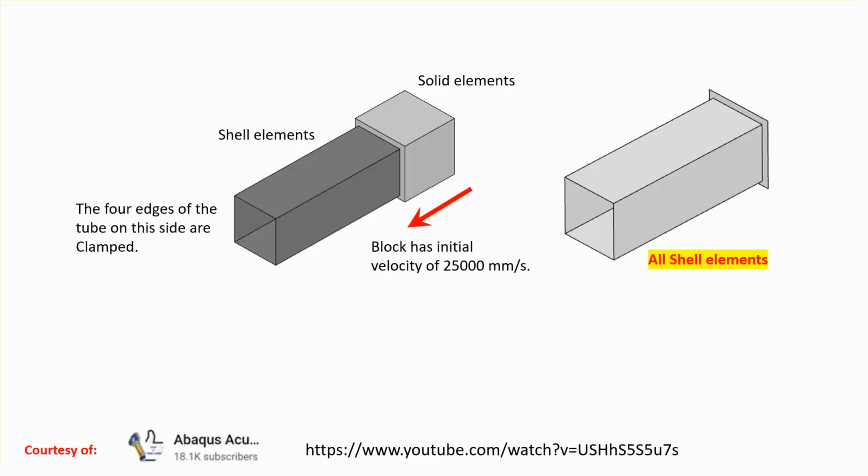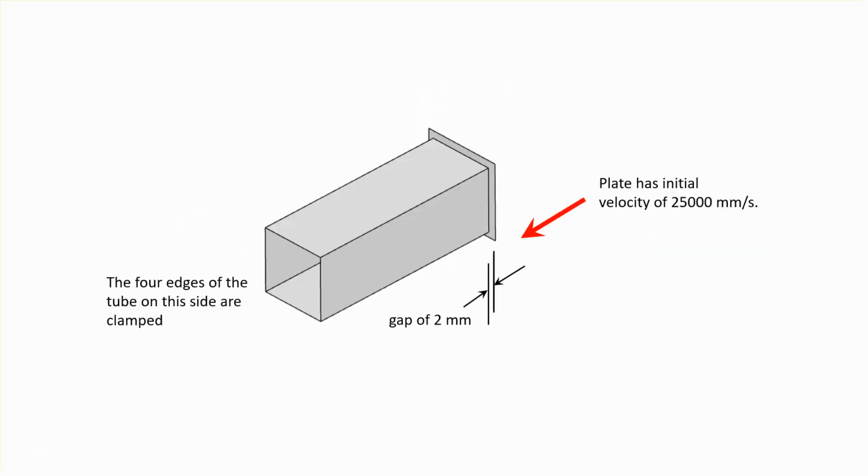The four edges of the left side of the tube are clamped, and the impactor has an initial velocity of 25,000 millimeters per second. What I'm going to do now is repeat the same problem, except that the impactor is going to be modeled with shell elements, as you can see on the right hand side.